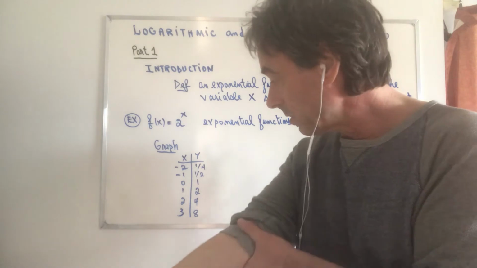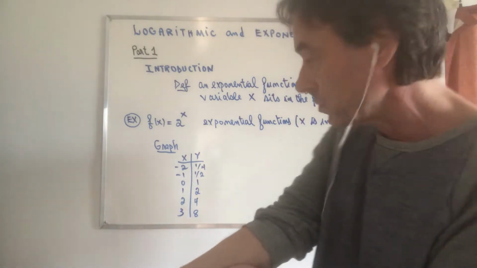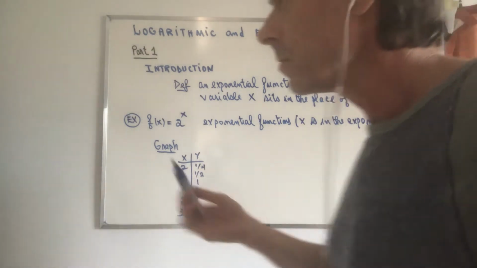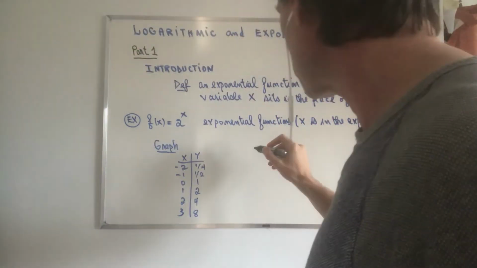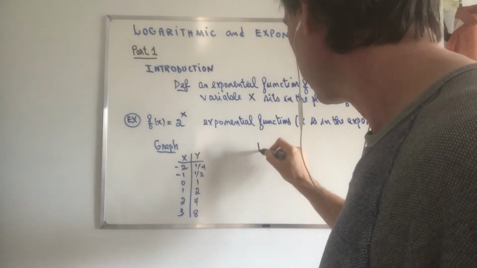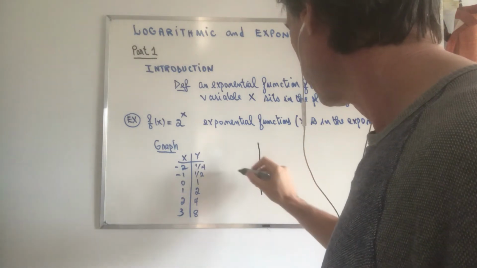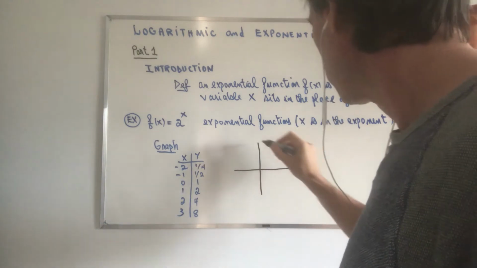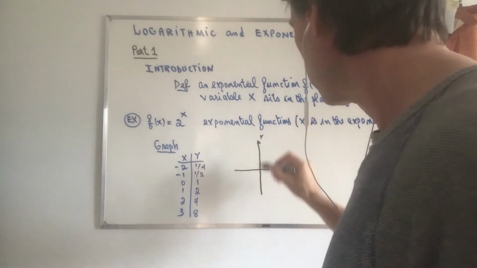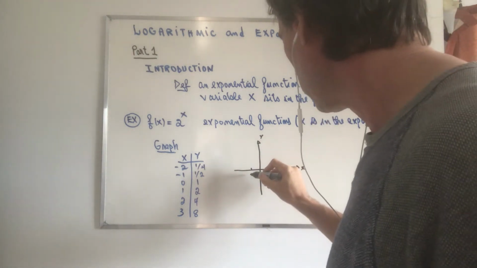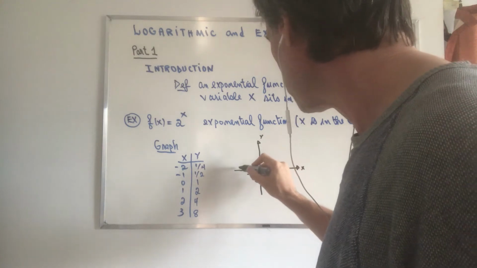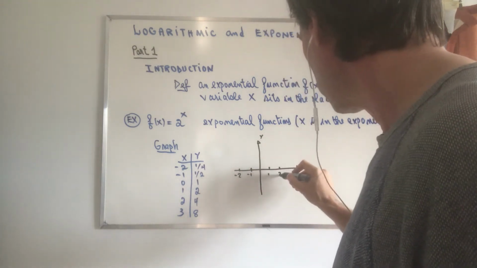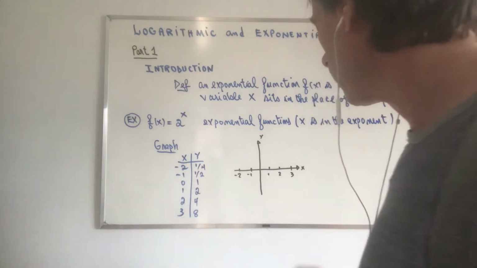So I guess with these 6 values, we should be able to get a good idea of what the graph looks like. So x-axis, y-axis. Going to give ourselves a couple of values here, minus 1 and minus 2 and 1 and 2 and 3.